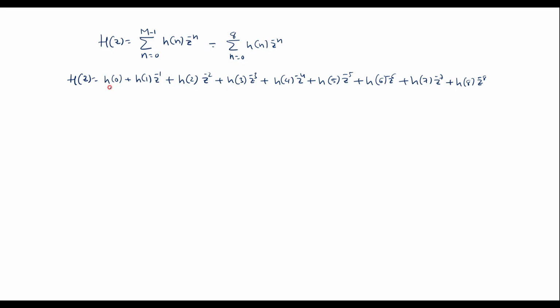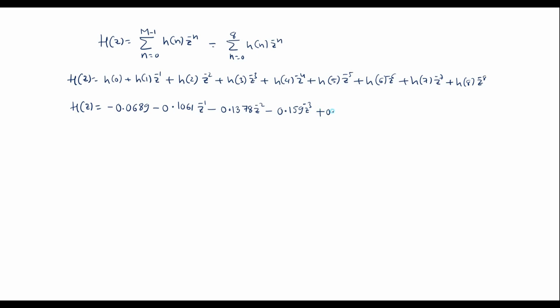Now substituting the values, h of z is equal to: h of 0 value is minus 0.0689. H of 1 value is minus 0.1061 z power minus 1. H of 2 value is minus 0.1378 z power minus 2. H of 3 is minus 0.159 z power minus 3.